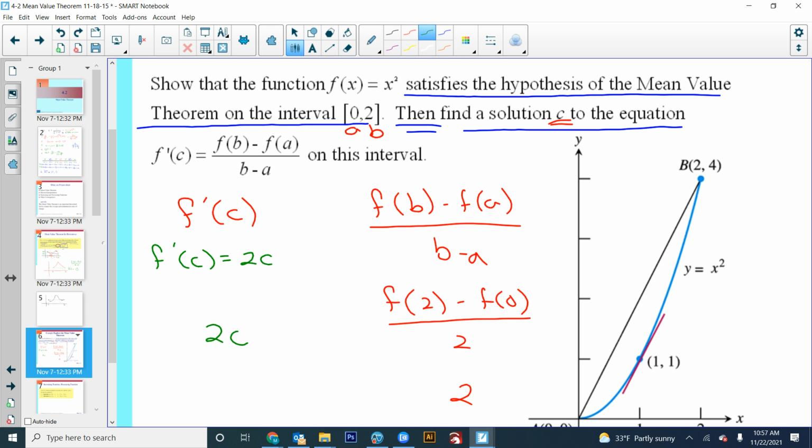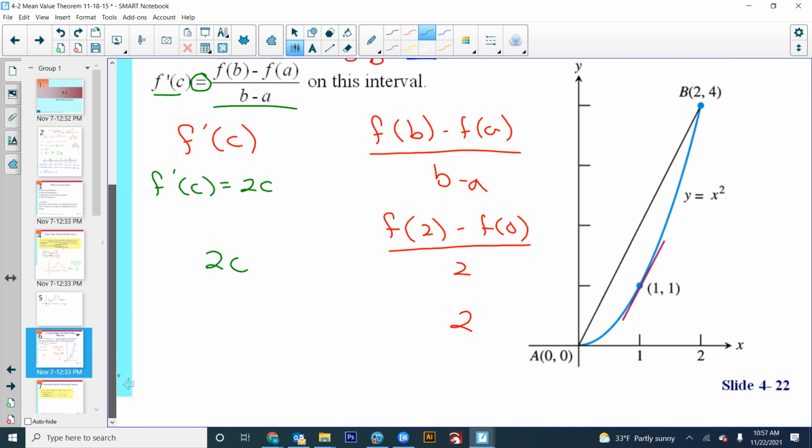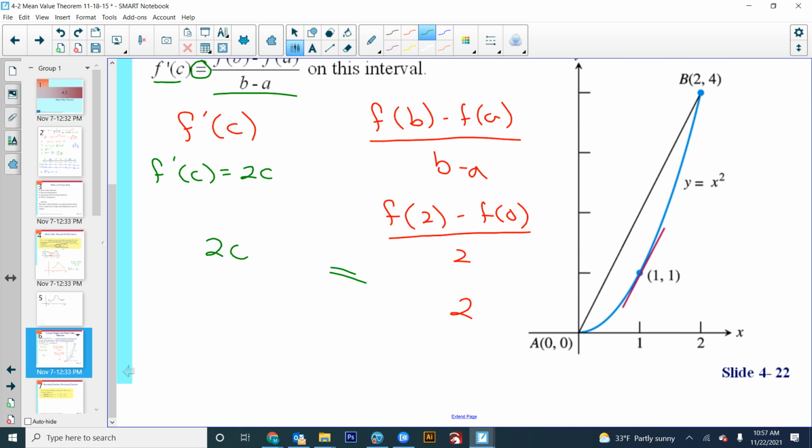Where are these equal? So I'm going to set 2C equal to 2. Not that exciting. Where is it? 1. C equals 1. At C equals 1, the instantaneous rate of change equals the average rate of change on the interval.